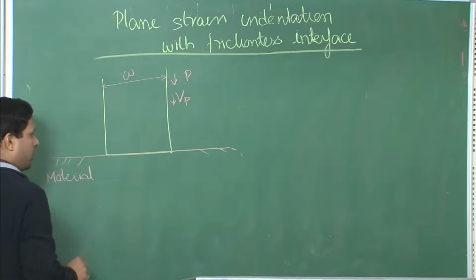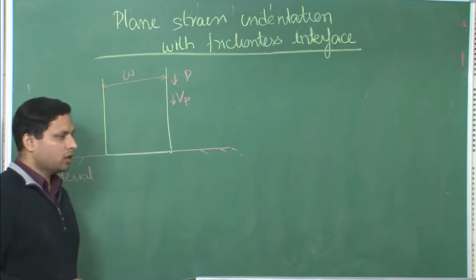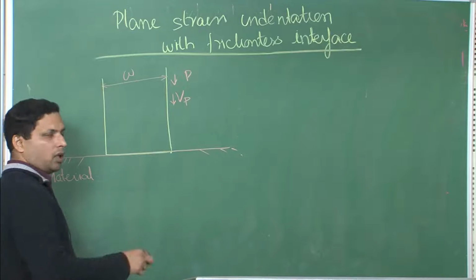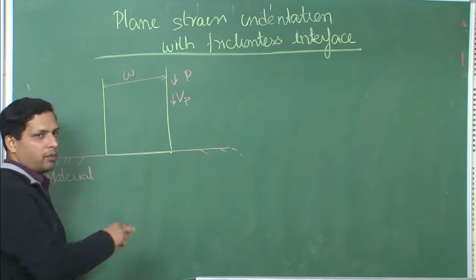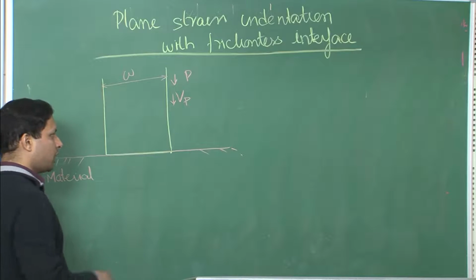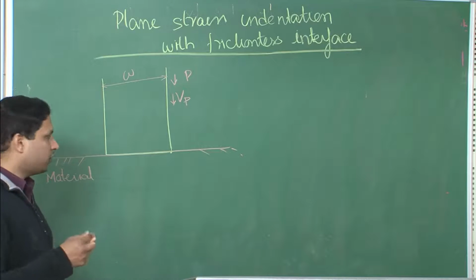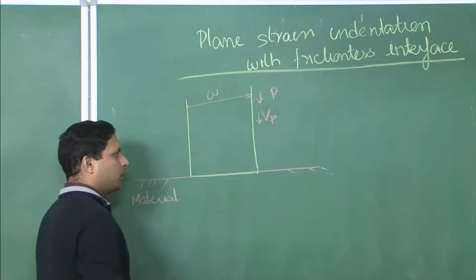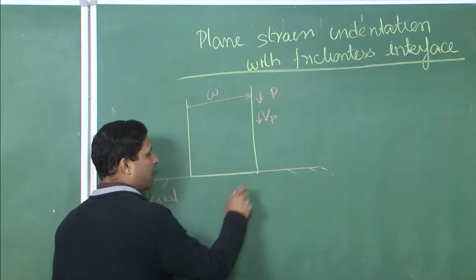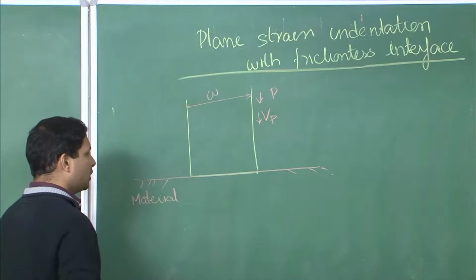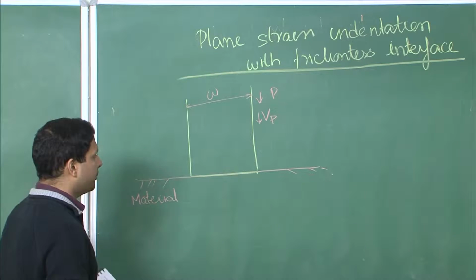Very similar to what you do in a hardness test, where you have an indenter which punches inside the material, only that we do not have any particular geometry for this indenter. For example, in Vickers you have this diamond kind of shape, or in Brinell you have that spherical shape, but here we are taking a very flat shape for the indenter, and it is punching inside the material.